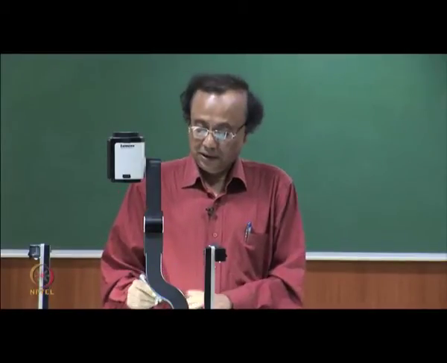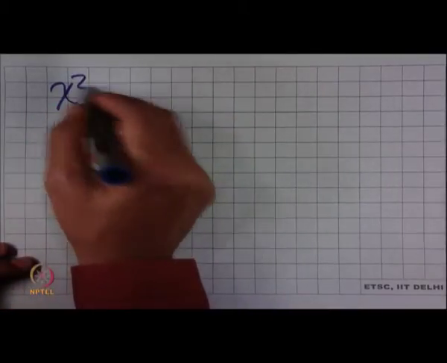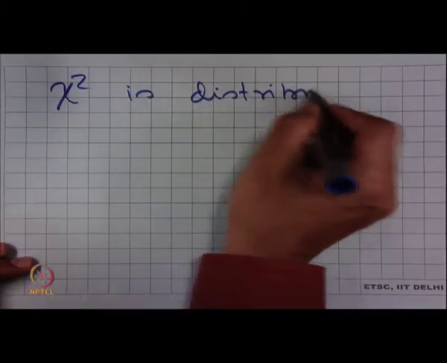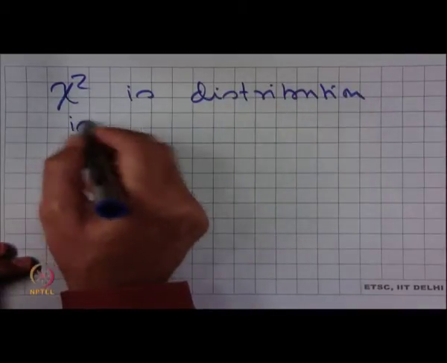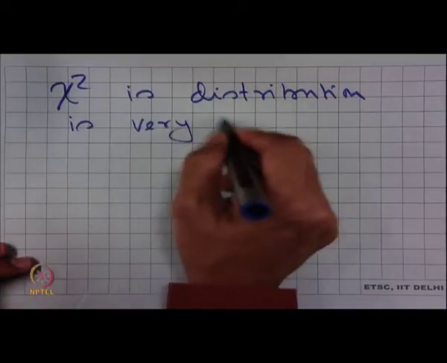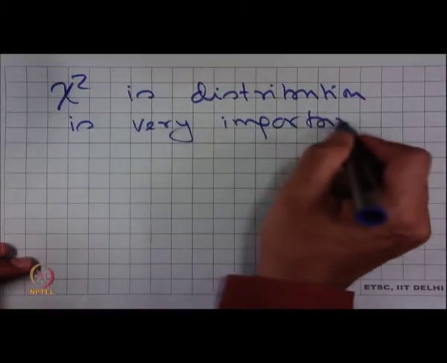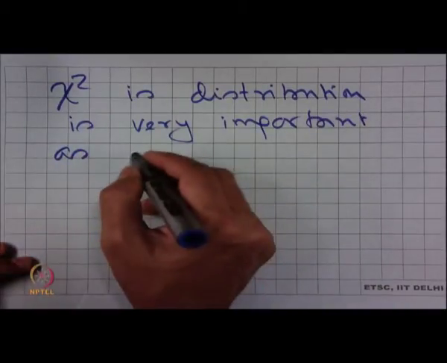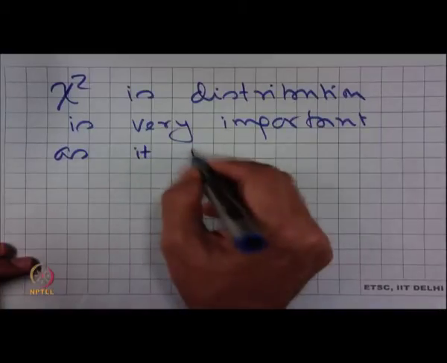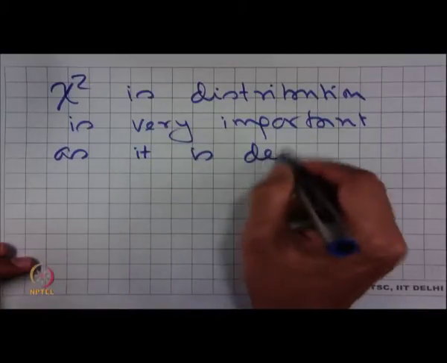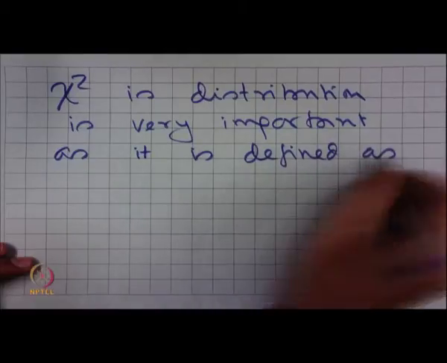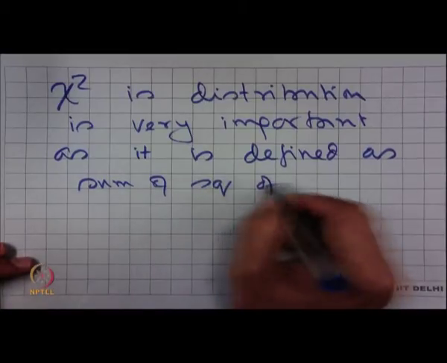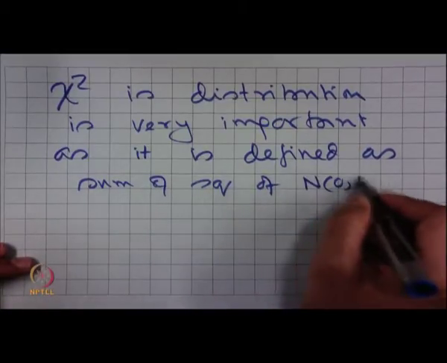In particular, the chi-square distribution is very important, as it is defined as the sum of squares of normal 0 1 variates.